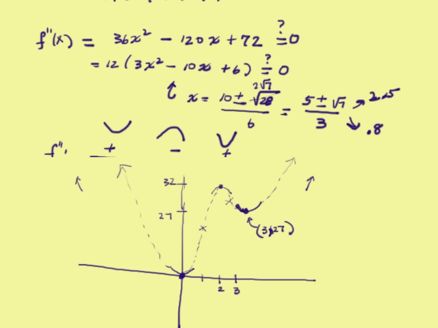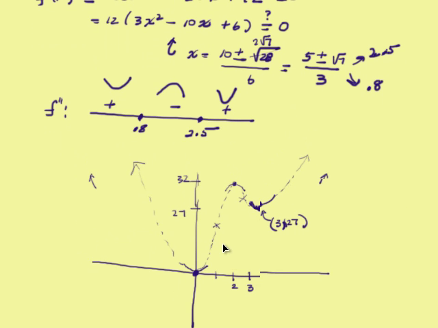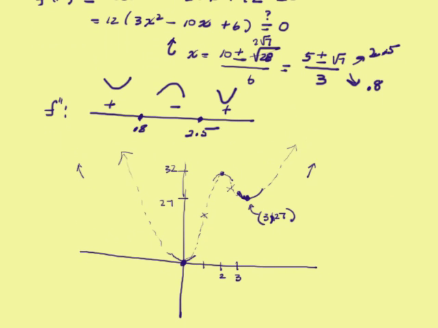This is f double prime. We have inflection points at 2.5. Okay, that's just where we expected it, between 2 and 3. And at 0.8, okay, that's here, more or less, where we expected it.